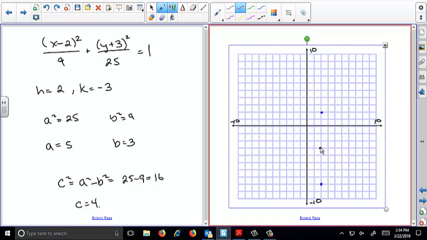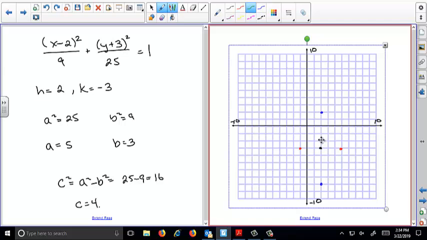Now, for the minor axis, which in this case is the x-axis, you go 3 units. So you go 1, 2, 3 units, and 1, 2, 3 units there. Now, the foci are always along the major axis, because if we counted 4 this way, we'd be outside the box. So we've got to stay inside the box.